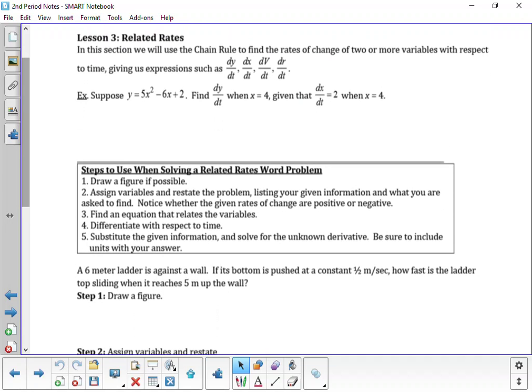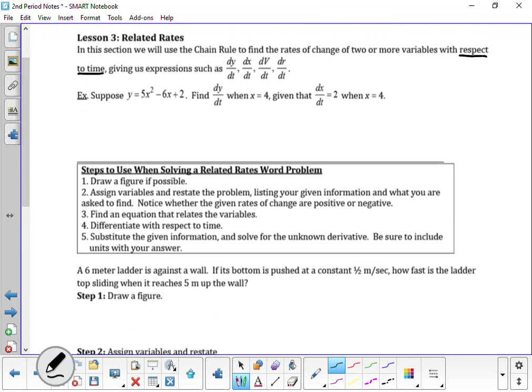All right, so related rates are basically when you have functions and multiple things are changing with respect to time. Not with respect to x anymore, it's all with respect to time. So you can have different variables such as dy/dt, the rate that y is changing with respect to time. dx/dt is the rate that x is changing with respect to time. dV/dt is the rate that volume is changing over time.